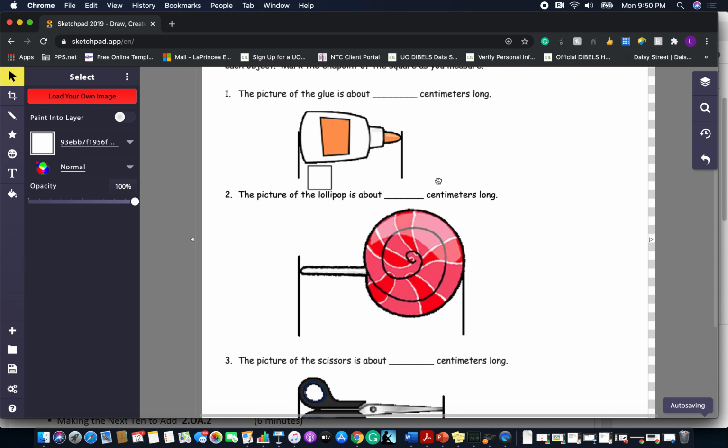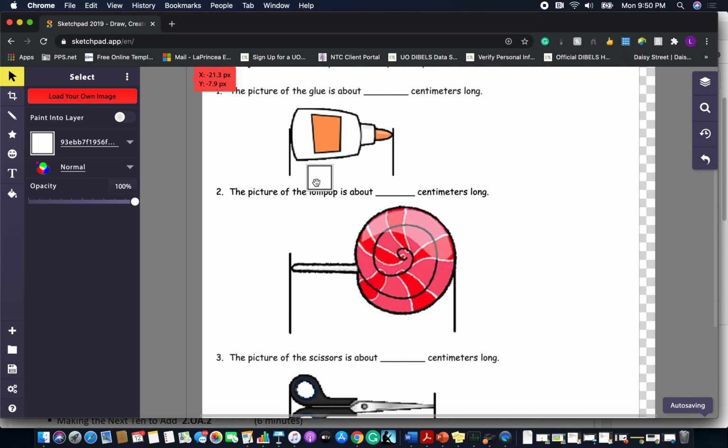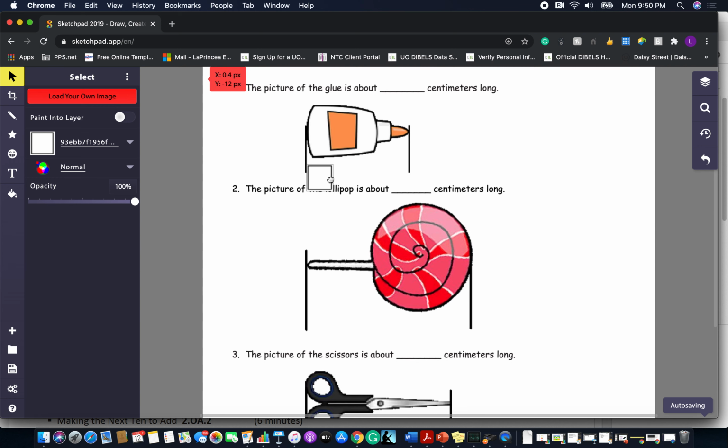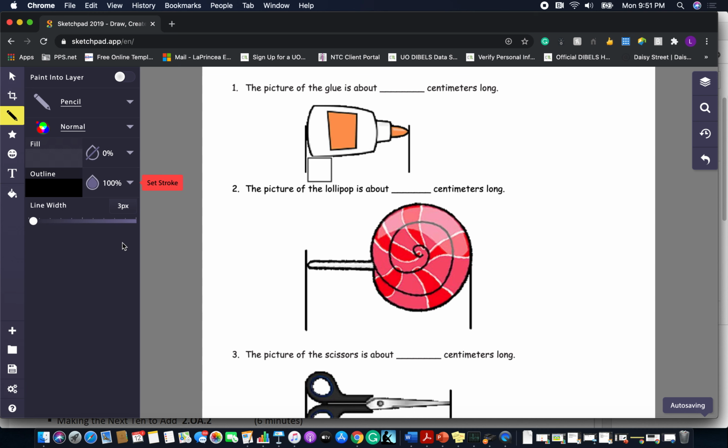There we go. All right, so I'm going to start by placing the cube at the end of the glue. And since I'm only using 1 today, I'm going to take my pencil and mark a little line right here at the end of where my cube ends.